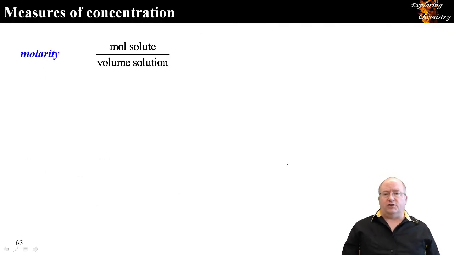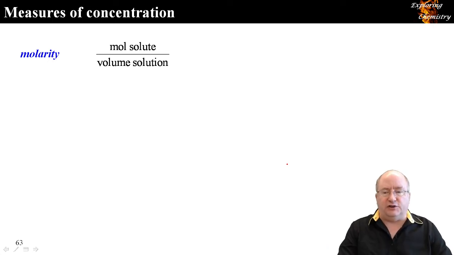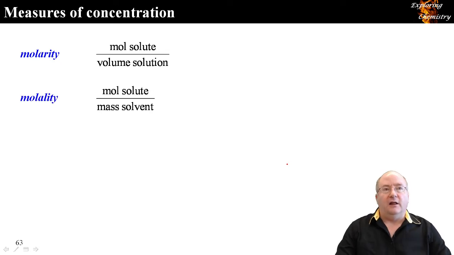So to look at concentration, there are actually many different ways in which we can report concentration. Currently, the most common method is molarity, moles of solute per volume of solution. Historically, molality was commonly used, which is moles of solute per mass of solvent.